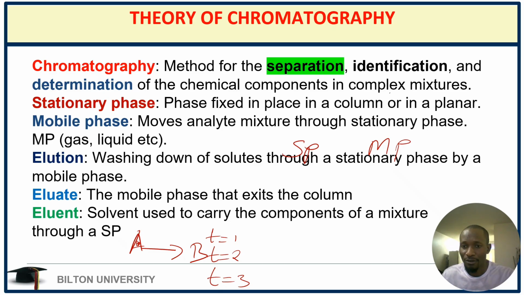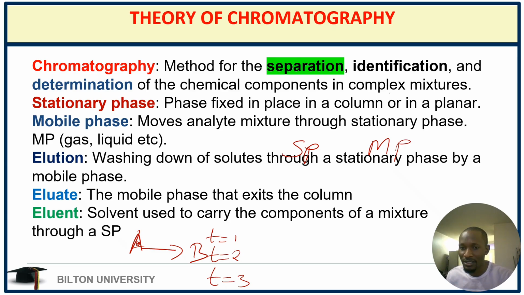Now, for separation to take place, the chemical properties of the stationary phase and the mobile phase must be different. So you may find that the stationary phase is polar and the mobile phase is non-polar, or the mobile phase can be polar and the stationary phase non-polar.